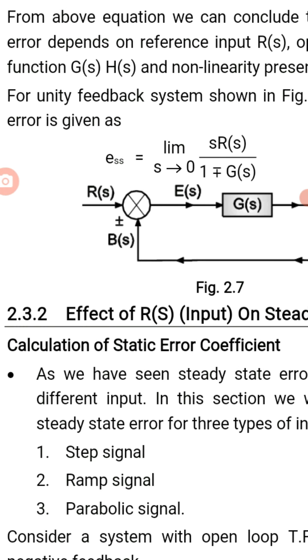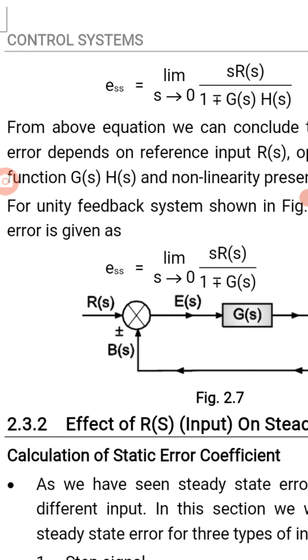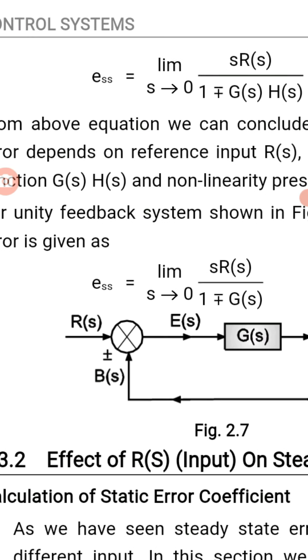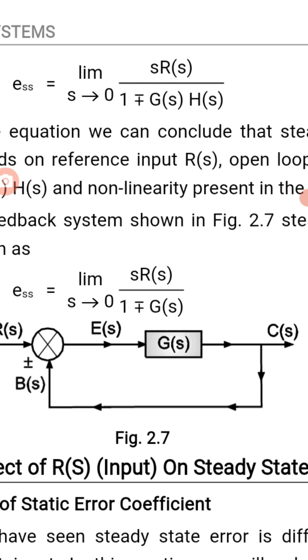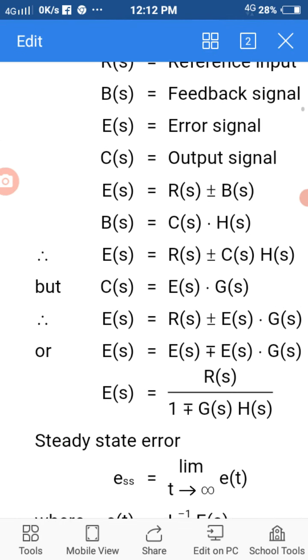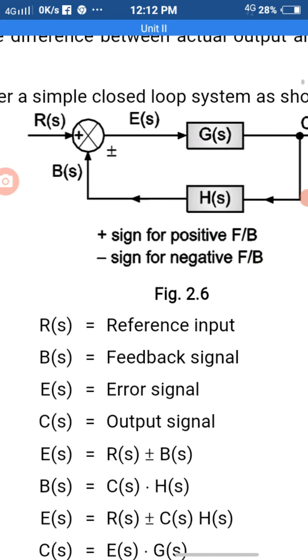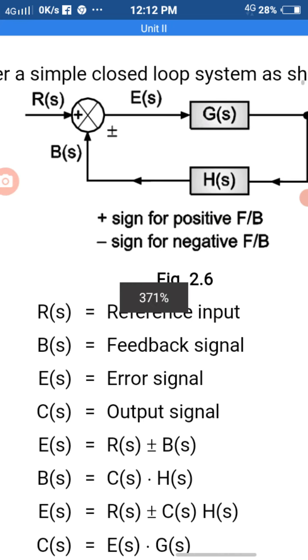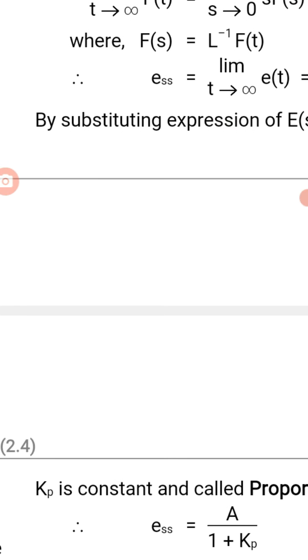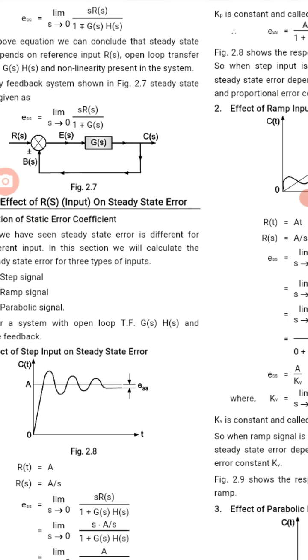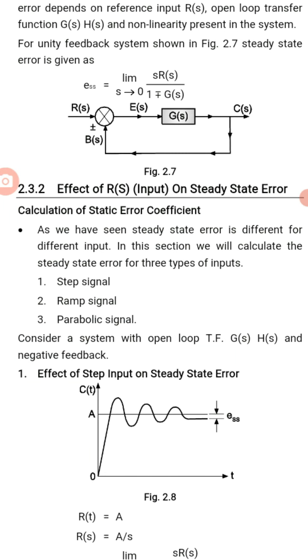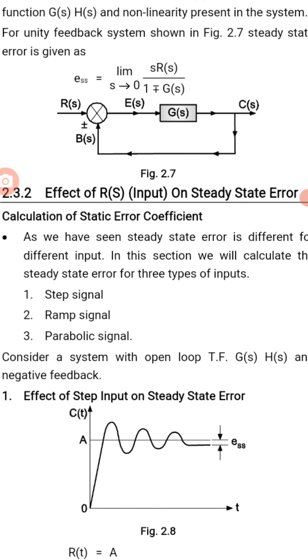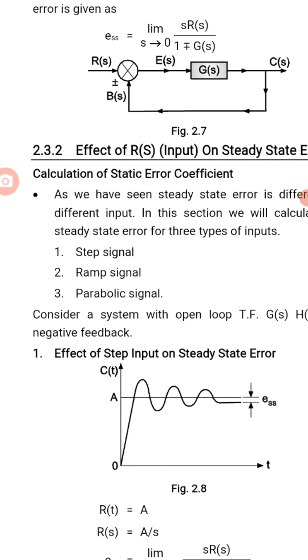This is the error signal, and it is related to figure 2.6. If the gain of the feedback is 1, then the steady state error is given by limit s tends to 0 of s into R of s upon 1 plus G of s.